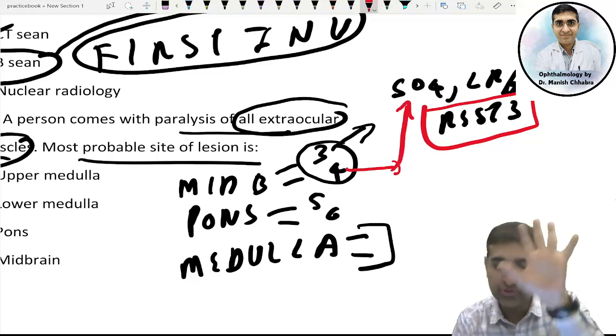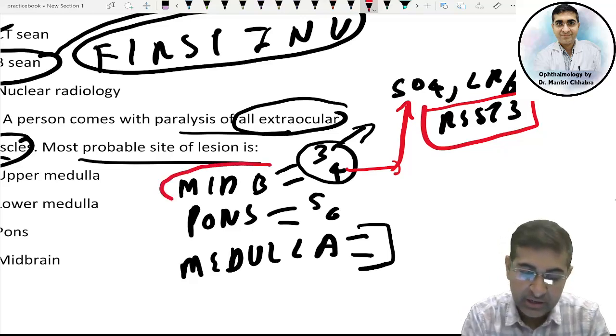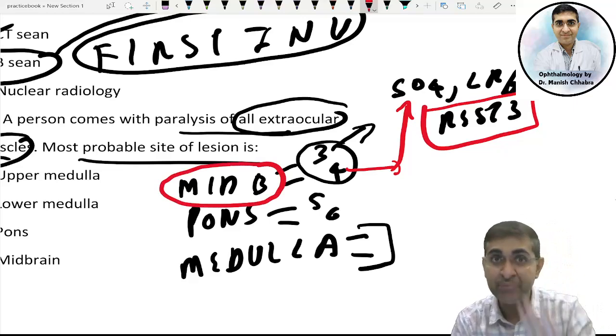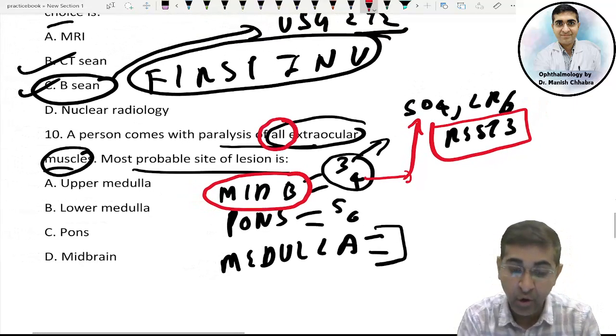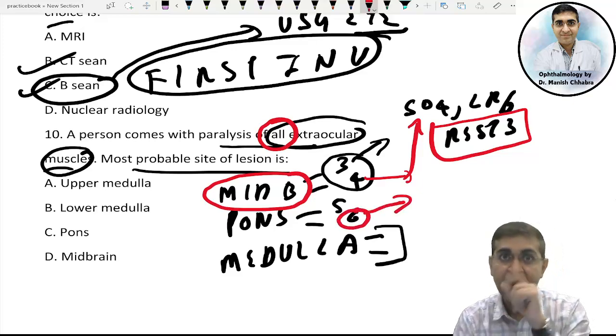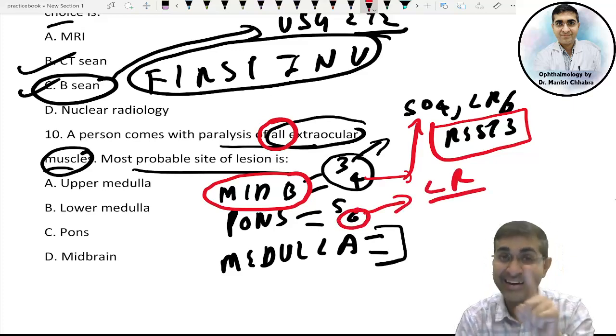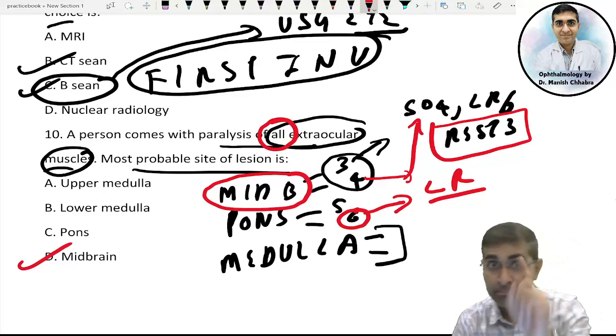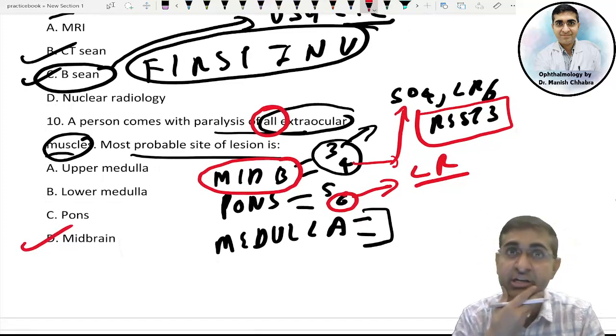So 5 out of 6 extraocular muscles are supplied by the nerves which originate from the midbrain. Yes, but here they have given all extraocular muscles. So of course the 6th cranial nerve, which is the abducent nerve, supplies lateral rectus. So the best option to mark here is your midbrain. So hence it is the answer here.